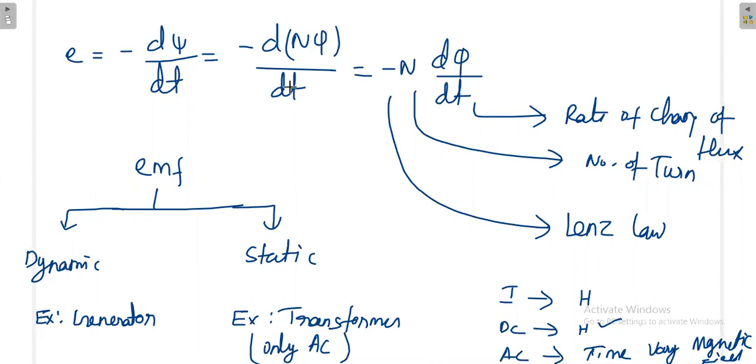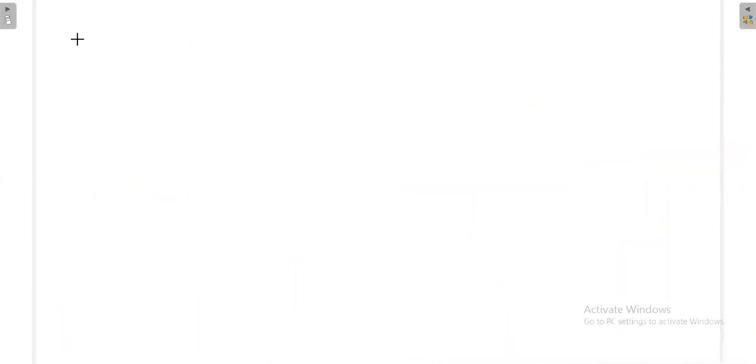Now you have some understanding of electromagnetic induction, because time varying flux gives the electromotive force. Flux is always a function of current.